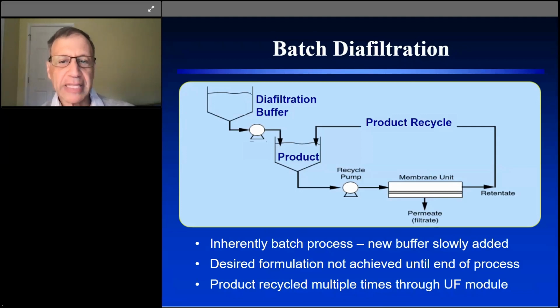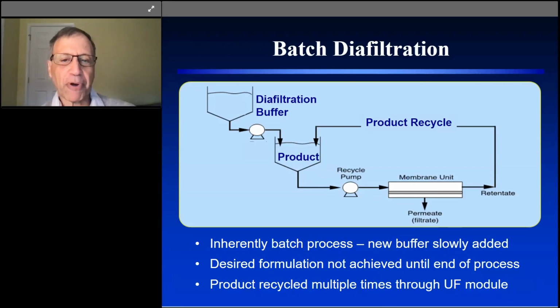Now, this is an inherently batch process. The new buffer, which I call the diafiltration buffer, is slowly added into the product solution while the old buffer components are filtered out through the membrane module. If you think about the way the process runs, our product solution begins in the penultimate buffer, and it is slowly replaced with the new formulation buffer, and it doesn't get fully into that formulation buffer until the very end of the process.